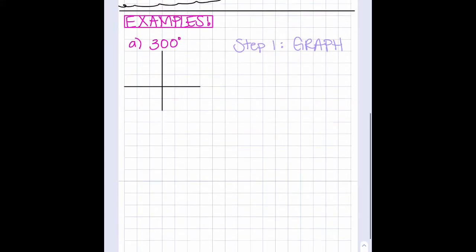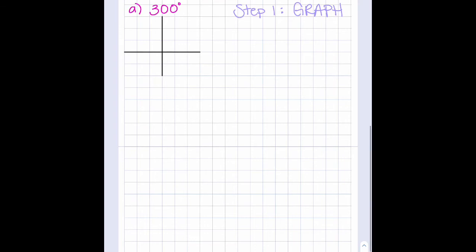Here we go. The first example, this is how it's going to look. They're just going to give you degrees, so 300 degrees. Another thing before we start, for these examples for today, we're just going to work in degrees. Radians is a whole other thing, and we'll get to that for the next lesson. So for this lesson, let's first graph 300 degrees.